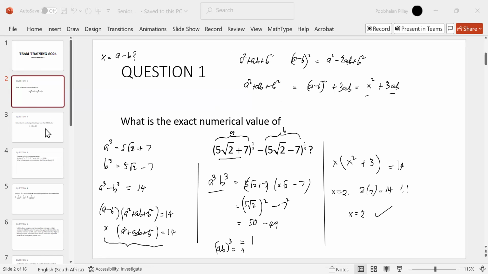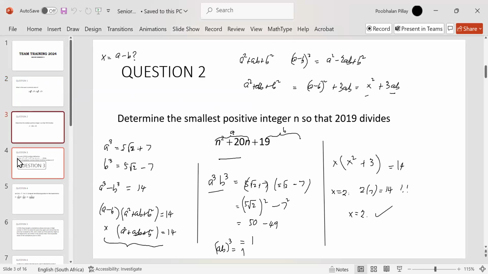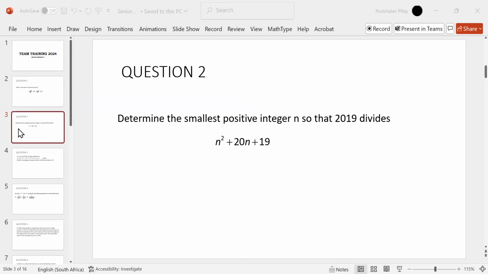Okay. So let's get on to the next problem. The next problem says, determine the smallest positive integer n so that 2019 divides. So this is an integer, a positive integer.